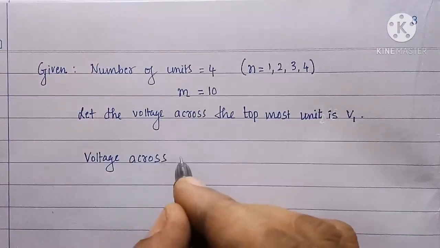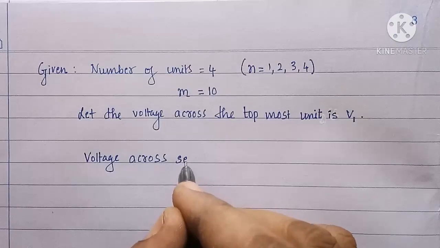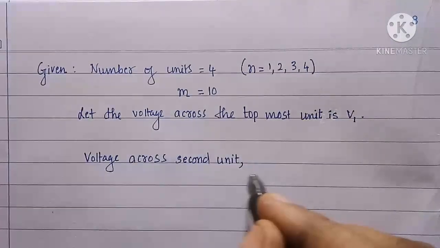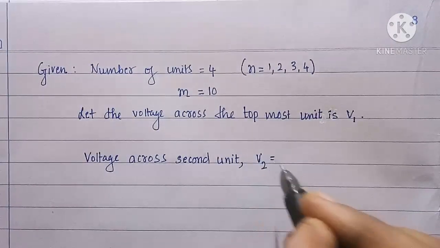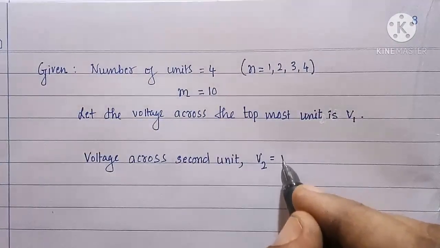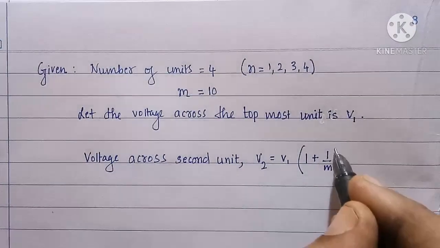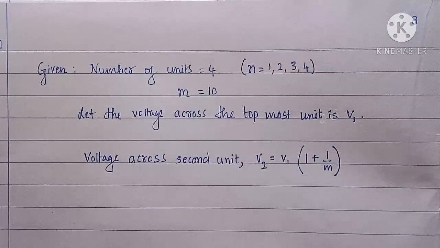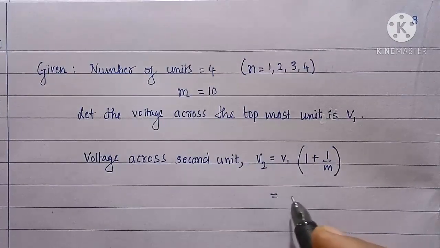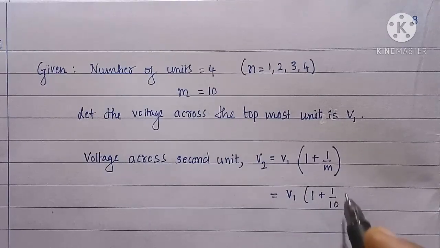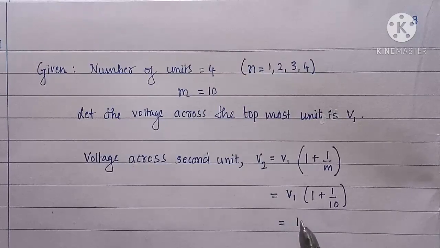Voltage across the second unit, V2, is equal to V1 into the bracket 1 plus 1 upon M. That is V1 into the bracket 1 plus 1 upon 10, which will be equal to 1.1 times V1.